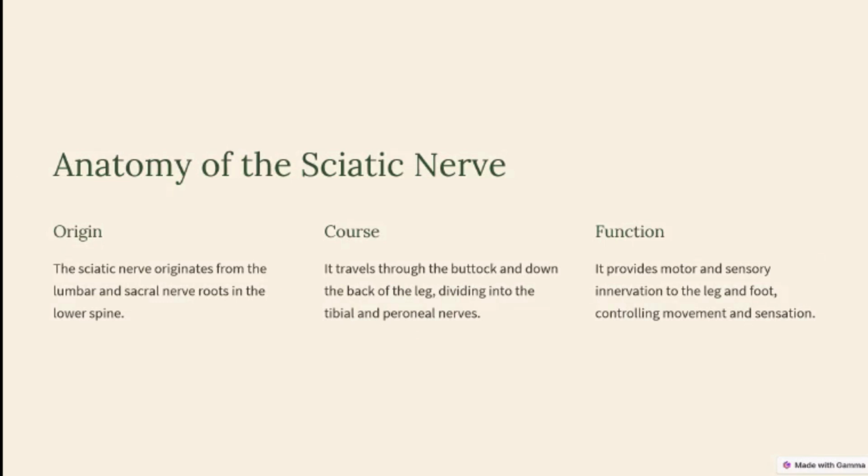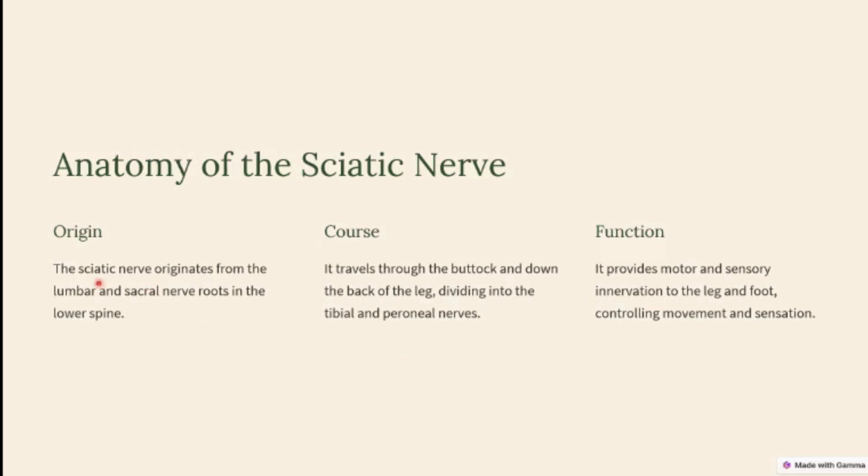It then divides into two branches above the knee, the tibial nerve and the common peroneal nerve. These branches control the muscles and sensation in the legs and feet. Understanding the anatomy of this nerve helps us to understand why symptoms like pain, numbness, and weakness can be so widespread.